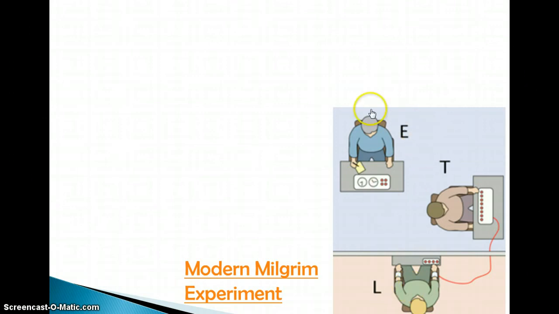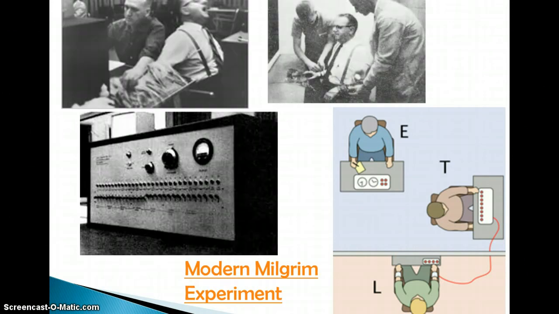And then of course the experimenter, like Milgram, who is in the room to make sure all the procedures are done correctly. Now, the pictures that I have here is, here's the box that the people were hooked up to. And this particular thing shows that there are different levels of electricity that the learner would be subject to by the teacher if they didn't learn a series of word pairs.